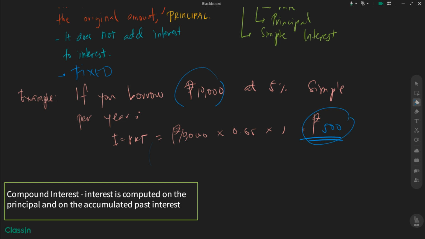Same with the next year, and so on and so forth, because the interest is added only to the original amount. It does not add interest to interest. Do you understand? So the interest, which is 500, is the fix that you are going to pay because that is the computed interest based on your original amount, which is your principal. And in this example, that is 10,000 pesos.